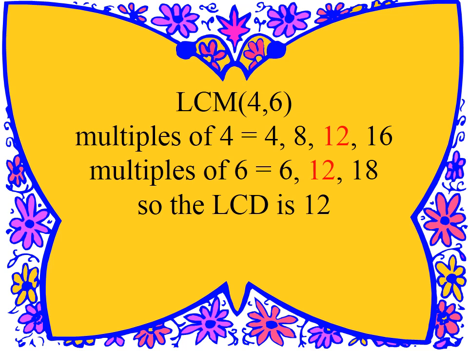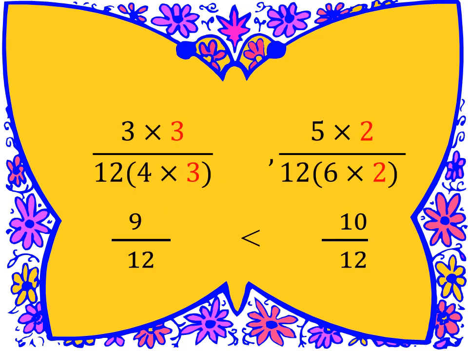So here the least common denominator, or the least common multiple, is 12. After I know that the least common denominator equals 12, now I have to make both denominators 12. Remember the fractions we have, 3 out of 4 and 5 out of 6. So we want to make this 4 and 6 into a 12.